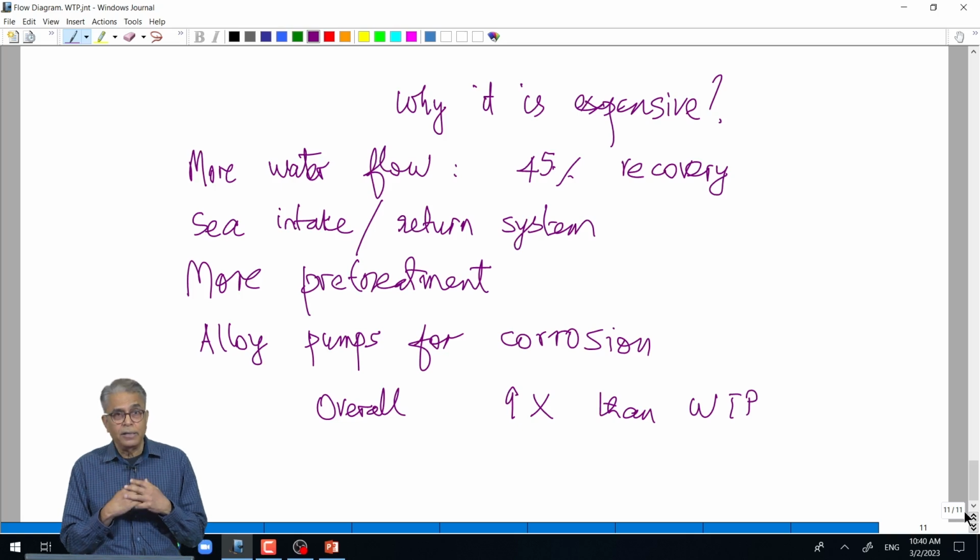Then the pre-treatment required is very elaborate, which adds to the capital cost and so on. That is why finally it lands up at 8 to 9 times more expensive. That is also the reason why the operating cost, instead of 11-12 rupees, comes to 85 rupees.